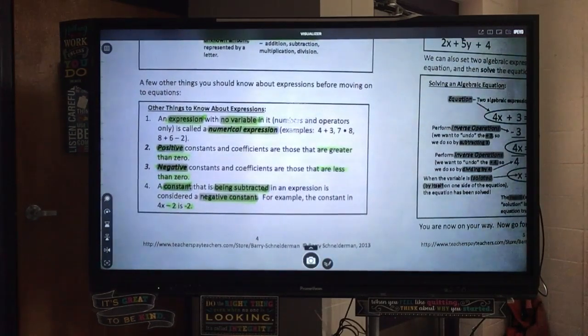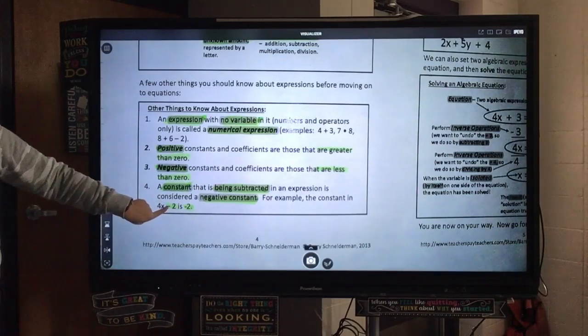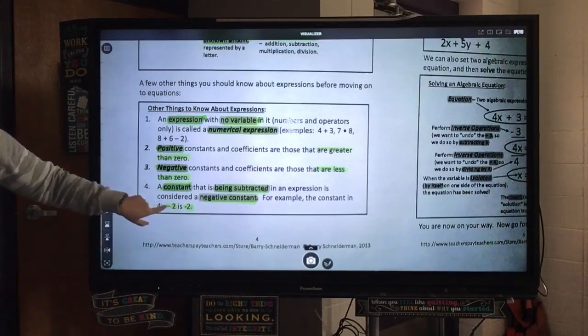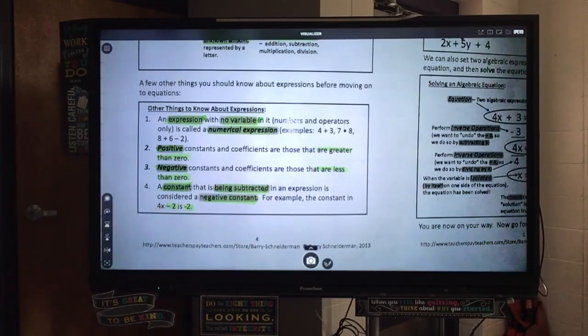Especially when you're combining like terms and solving problems and using the substitution method, which is what we're going to be talking about today, the operation that is in front of your terms goes with that term. So if it's a minus 2, it becomes a negative 2. We'll get into where it's like minus parentheses negative 2. That's completely different. Okay? Any questions about this side of your page?